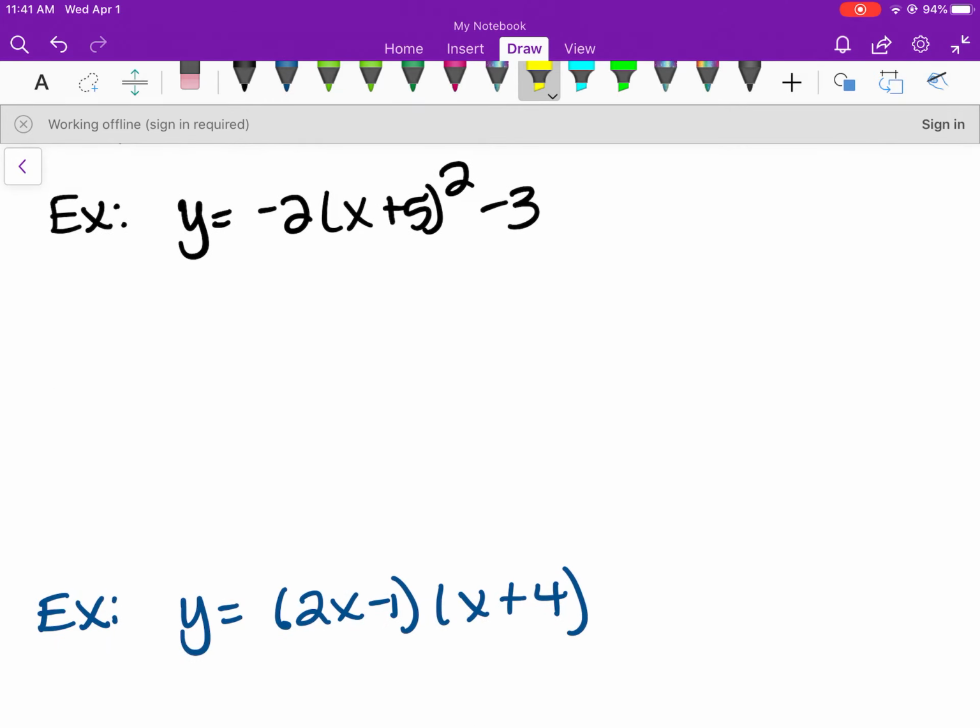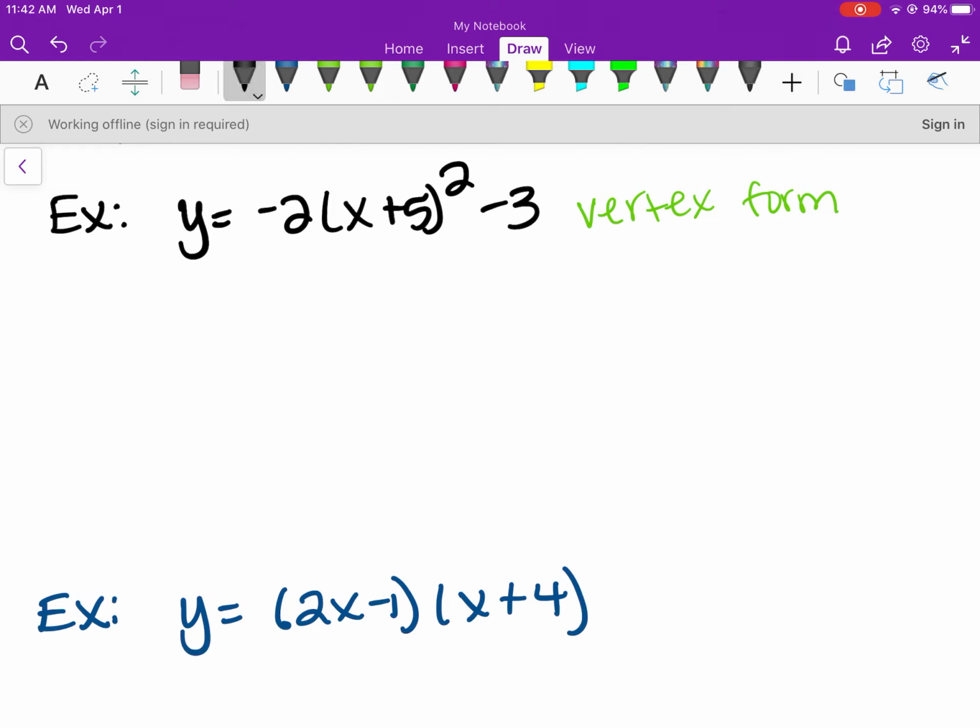Here's an example: y equals -2 parentheses x plus 5 squared minus 3. Just FYI, that is in what is called vertex form, which I'll talk more about in another video as well. Let's rewrite this so that it is in standard form.